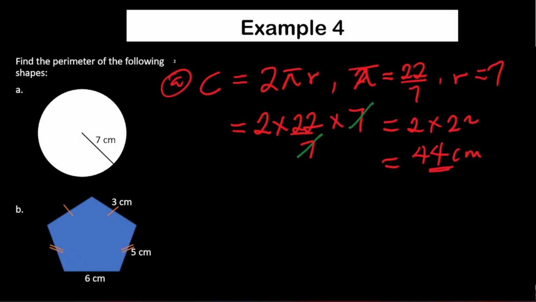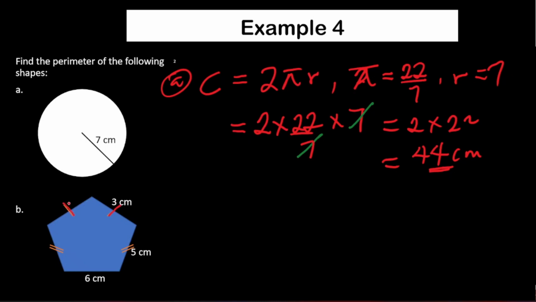Now coming back to B. I intentionally brought this here because this is another shape. If you look at this shape, it is called a pentagon because it has 5 sides and 5 angles. So don't forget that we've treated that as well. What you are meant to do here is to add all the sides together. Adding all the sides together requires wisdom. Now here, if you look at this, a single line is drawn on this one and a single line is drawn on this one.